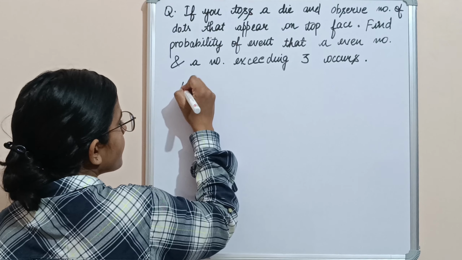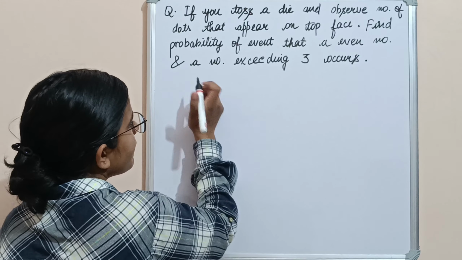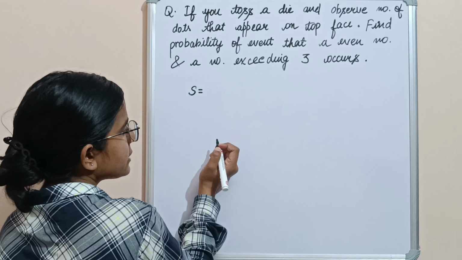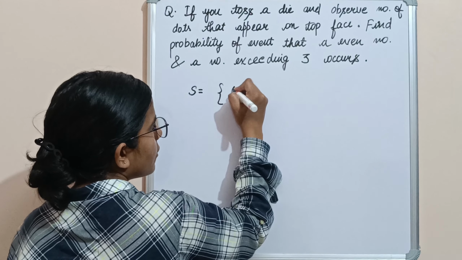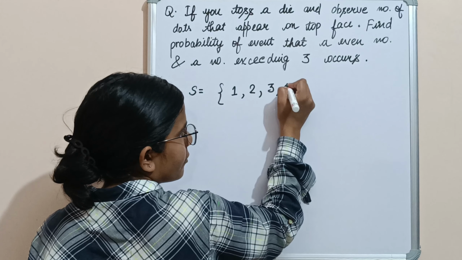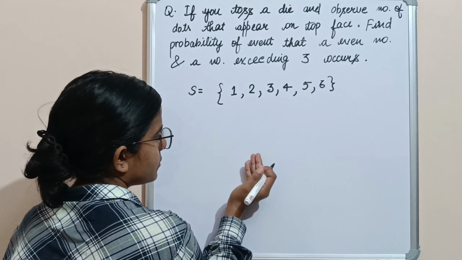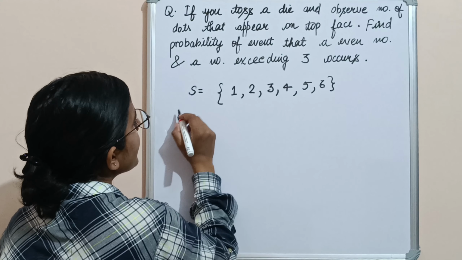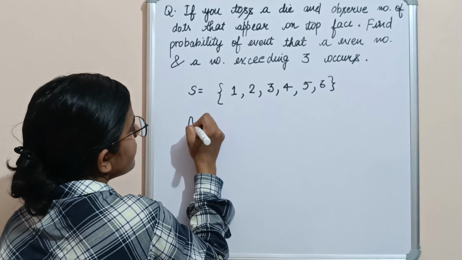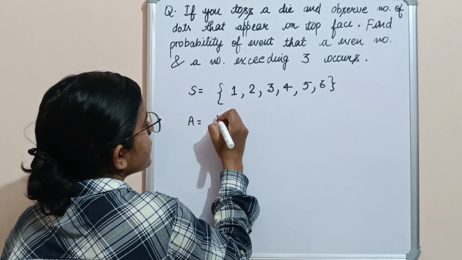Let's say A. First of all, when we toss a die, the sample space for it is 1, 2, 3, 4, 5, 6. And let's say A is the event that an even number appears on the die.